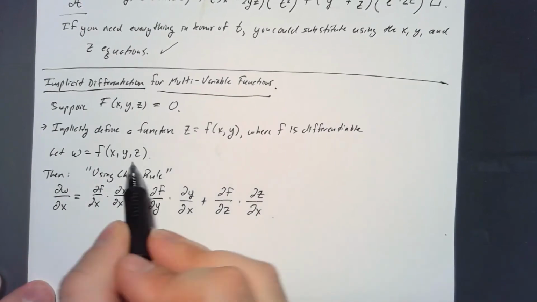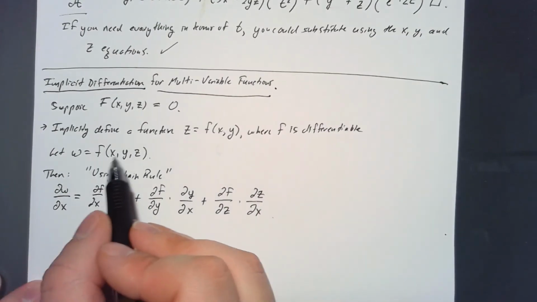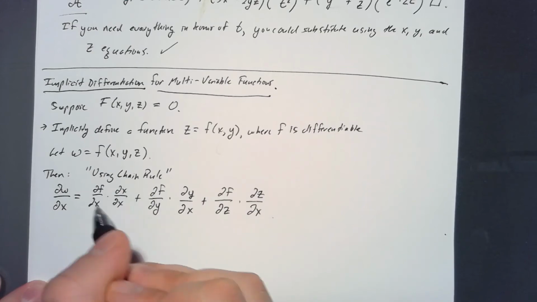Alright, so if I take the derivative of the function with respect to each independent variable using the chain rule, I get that.